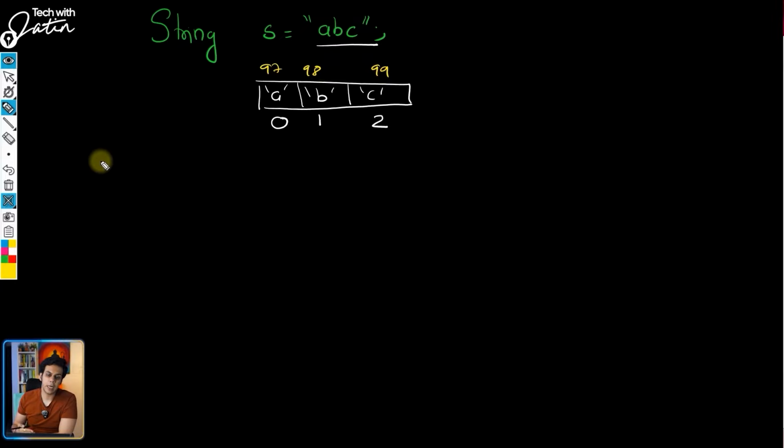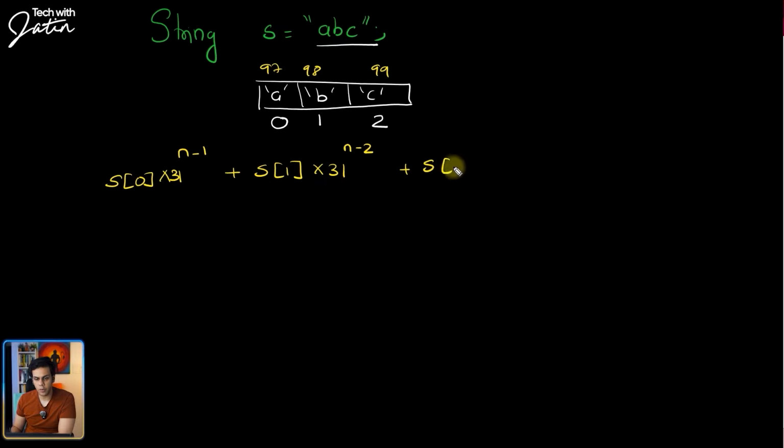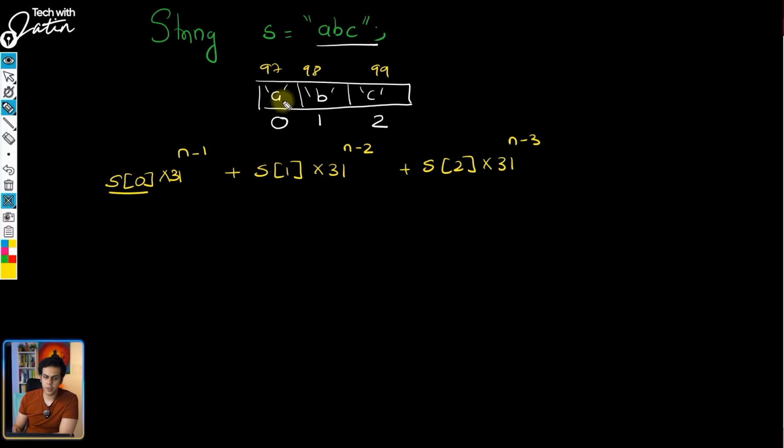So in order to calculate the hash code of ABC, the formula goes like this: S of 0 into 31 raised to n minus 1, plus S of 1 into 31 raised to n minus 2, plus S of 2 into 31 raised to n minus 3. Now, what is S of 0? You will say A into 31 raised to n minus 1.